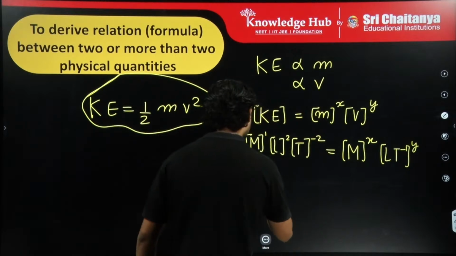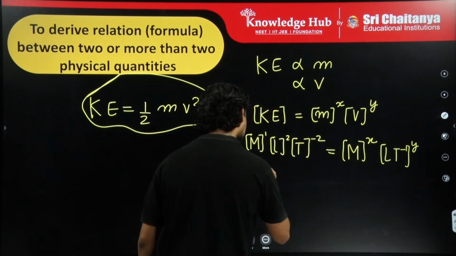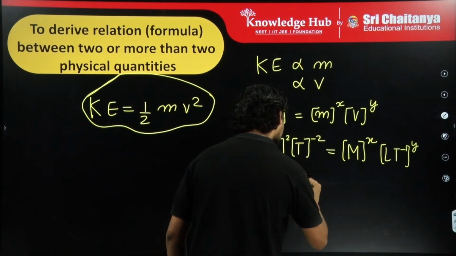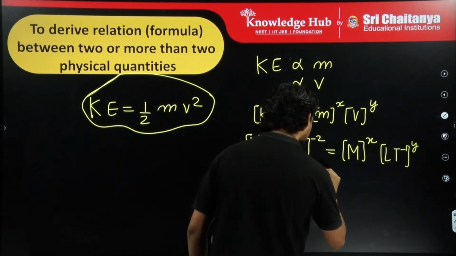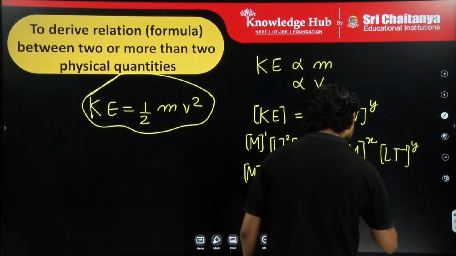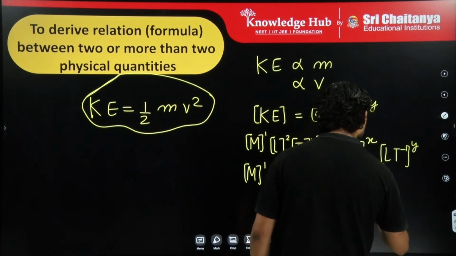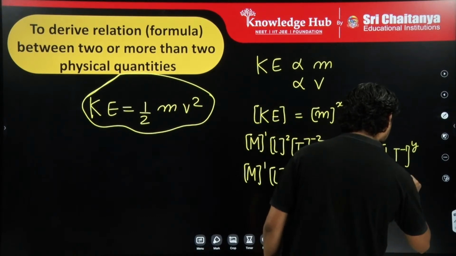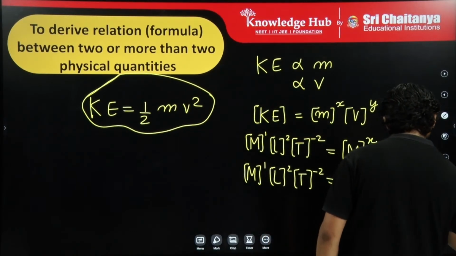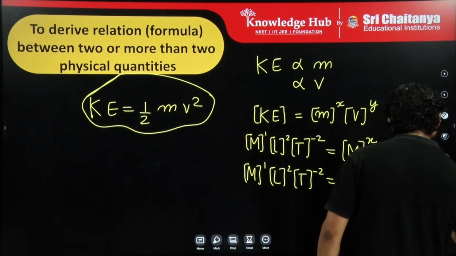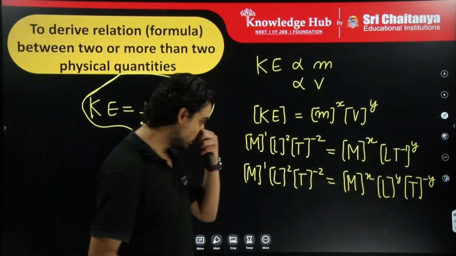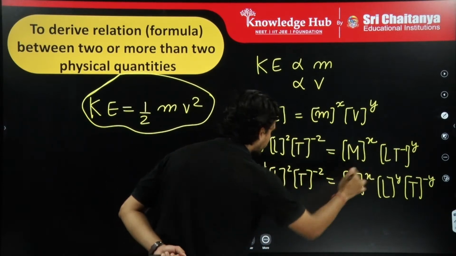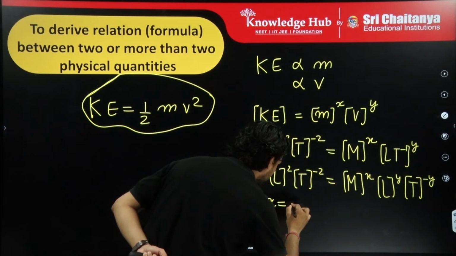So what do I have? I have M raised to 1, L raised to 2 and T raised to minus 2. This will give me M raised to x, L raised to y and T raised to minus y. Now if I equate, M raised to 1 and M raised to x, so x is equal to 1.